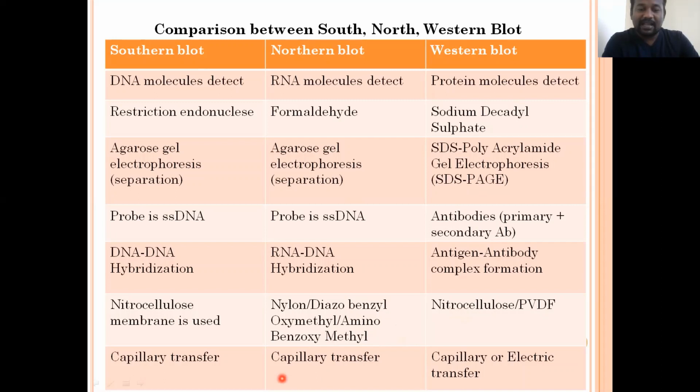As for the mechanism of transfer of DNA, RNA or protein from gel to membrane, it occurs through capillary transfer in Southern, Northern and also Western blot. Only in Western blot, electric transfer is also possible.